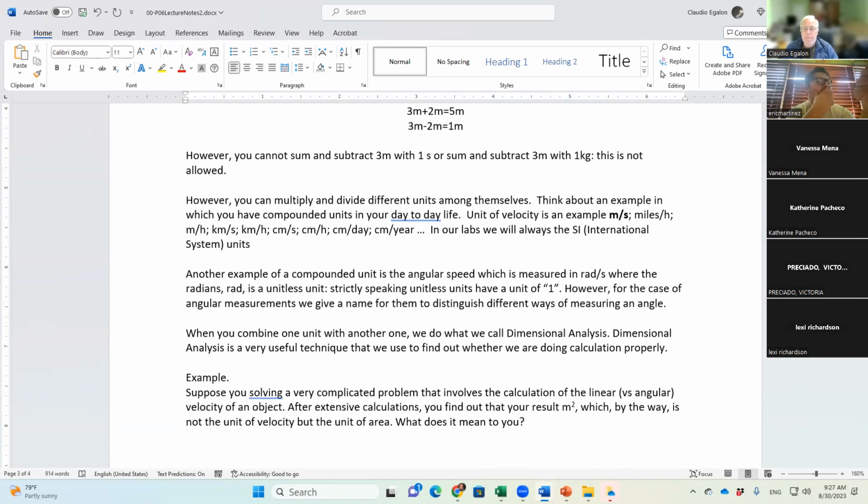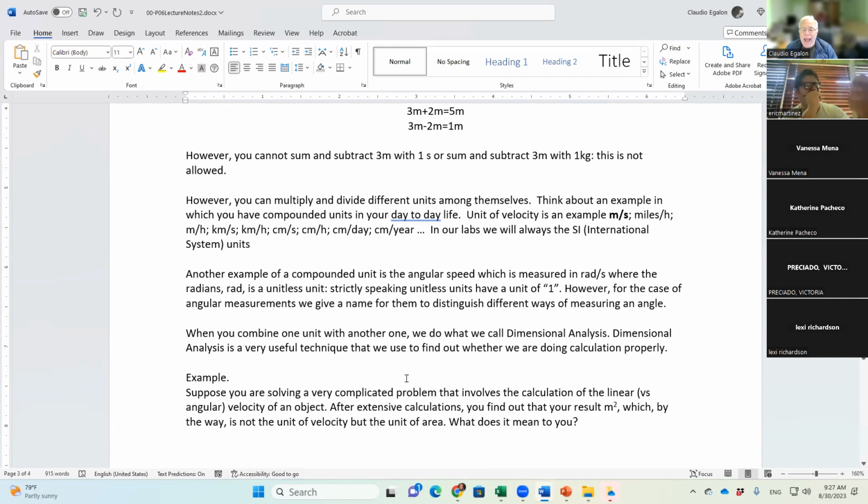So let's recap here. Suppose you're solving a very complicated problem that involves the calculation of the linear velocity of an object. After extensive calculation, and we are faced with something like that in our professional life, some time ago I was solving an equation that took me 3 days to solve.